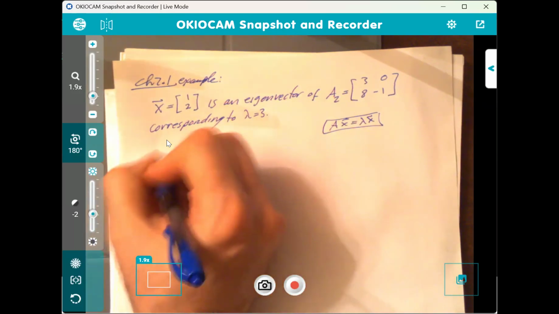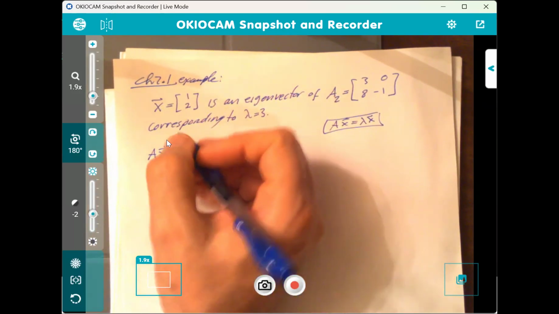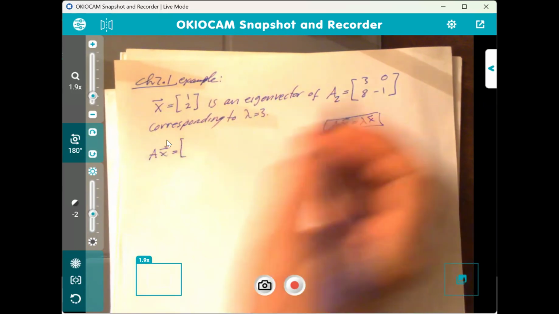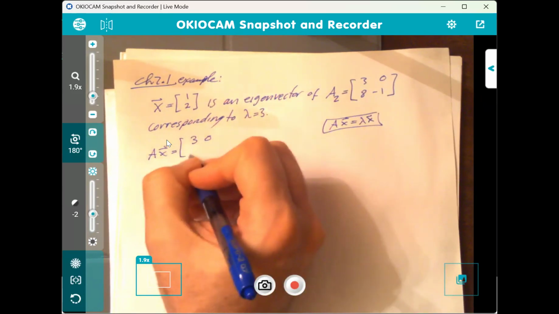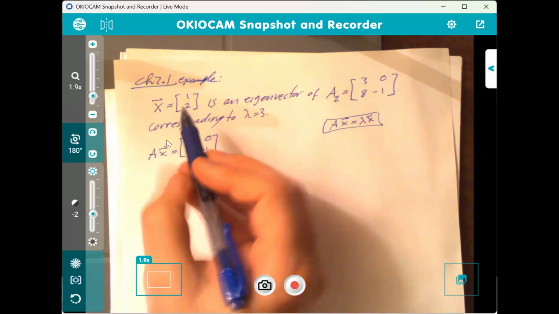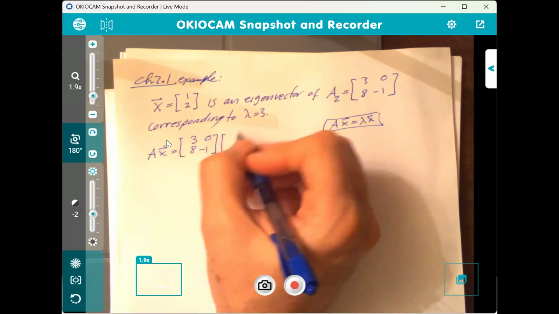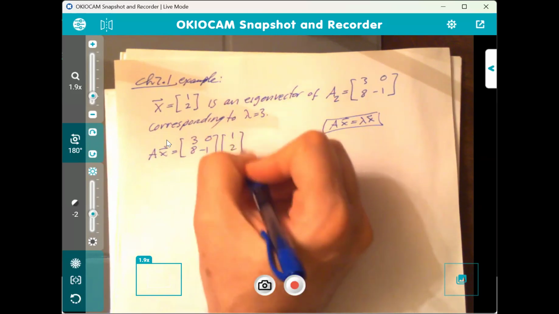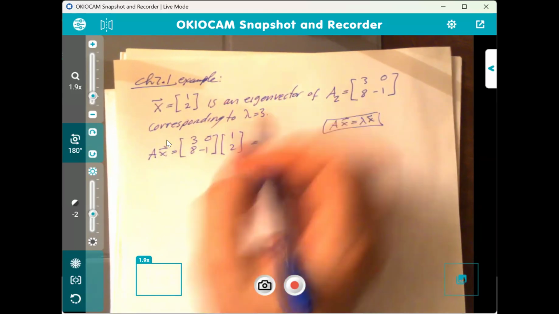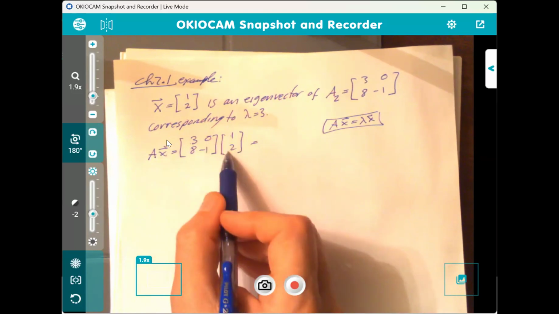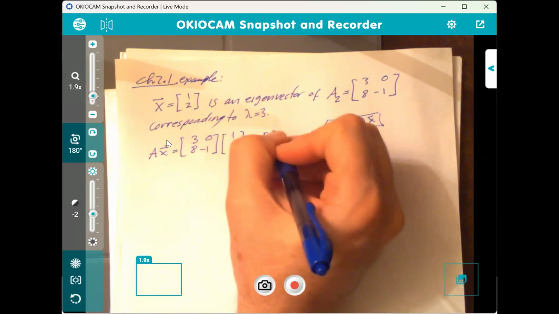So let's do this. Then Ax here, what does Ax look like? Ax is going to be 3, 0, 8, negative 1. And this is an eigenvector, right? So times 1, 2. And multiplying the matrix, you go 3 times 1, 0 times 2. So the first component is 3.